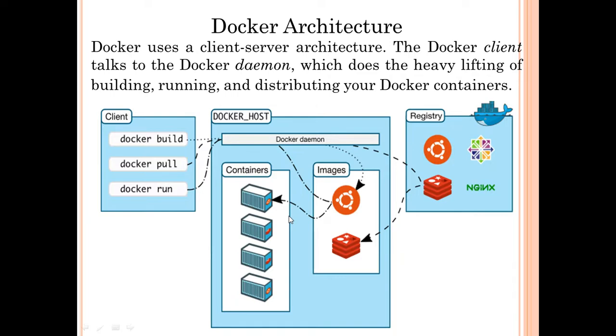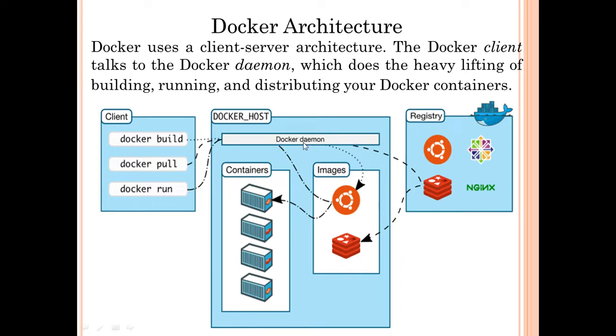So they will interact with each other. Whatever commands you want to run, you will run on the client. So Docker build, Docker pull, Docker run. These are some of the commands which you use to run your containers on your Docker platform or with the help of the Docker daemon.